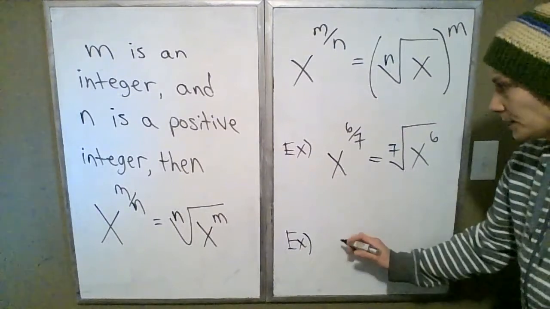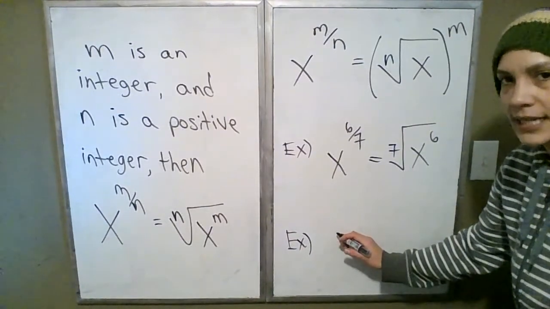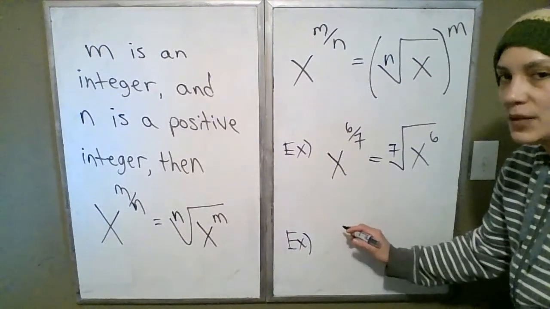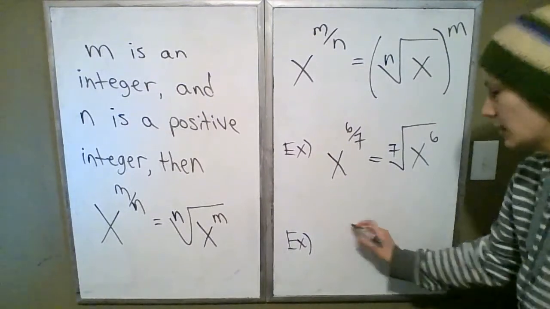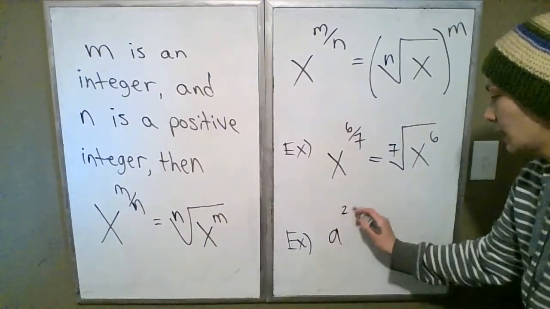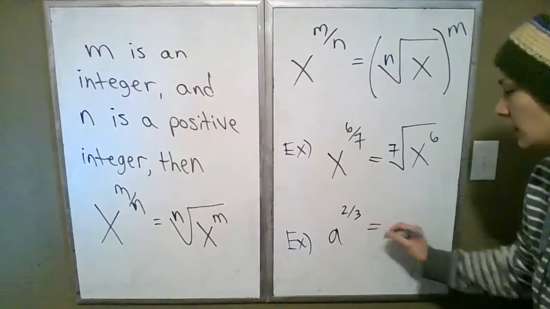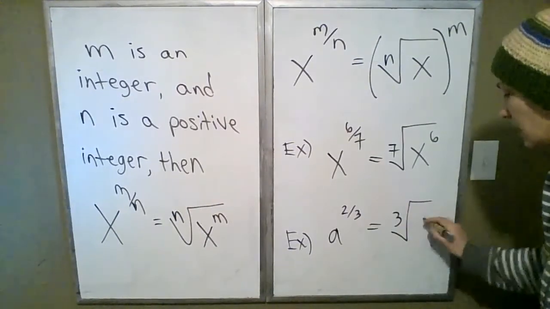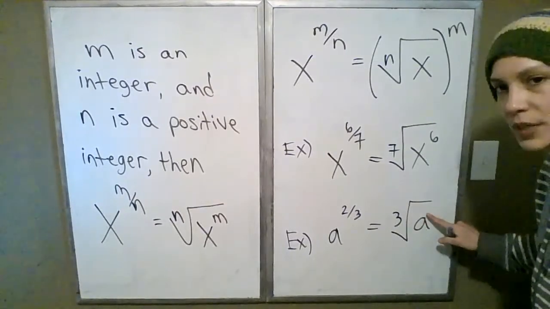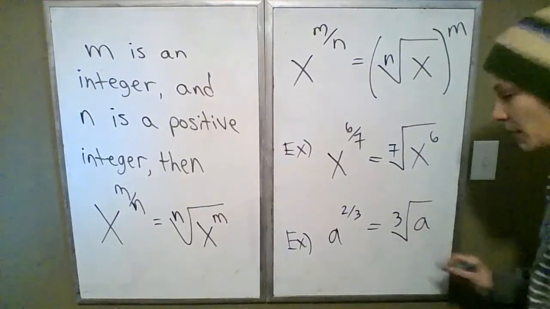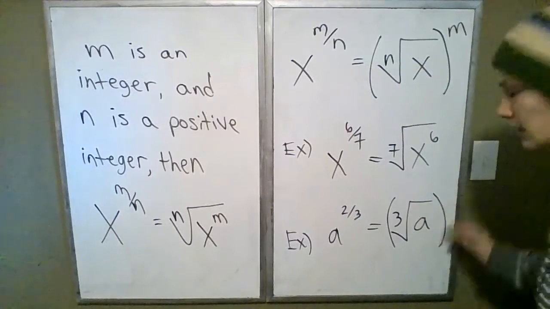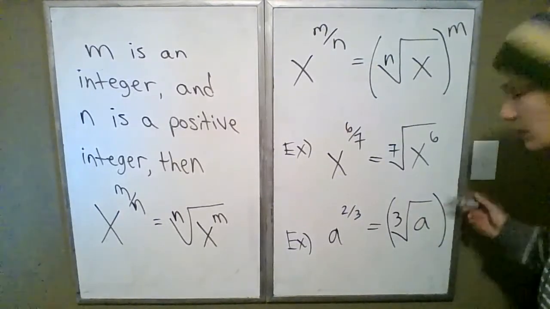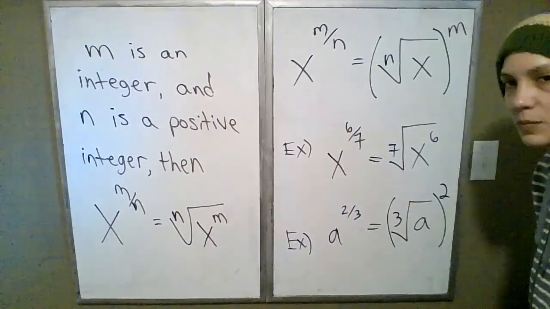Okay, let's try a with a power of 2/3. 3 is your root. It's a cubed root of a. We can have a squared, or we're going to put the power on the outside. It's just whichever you prefer.